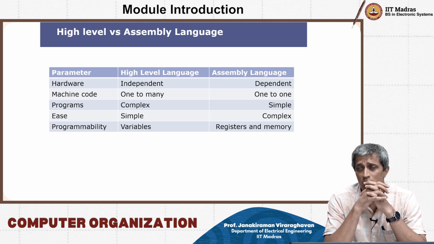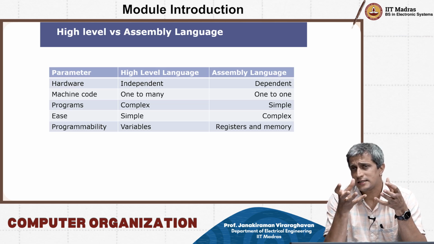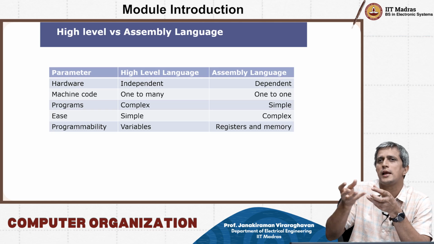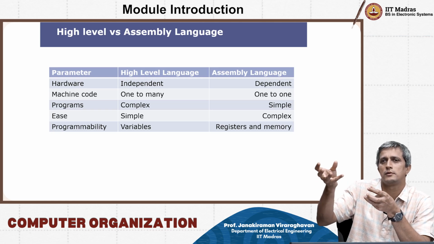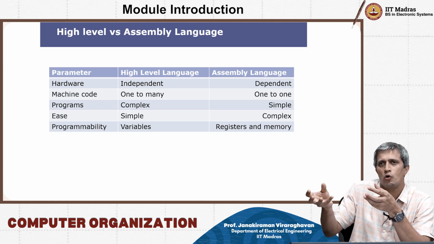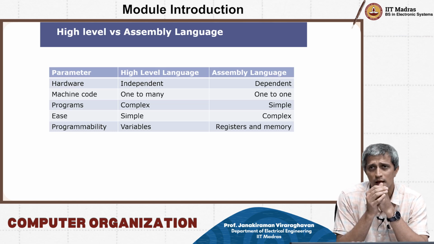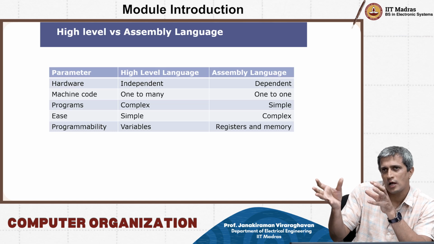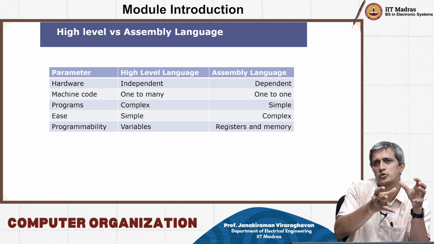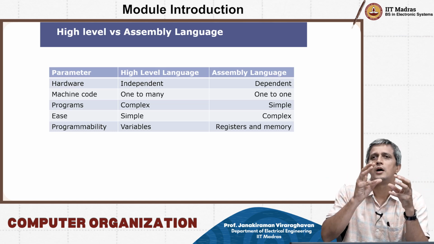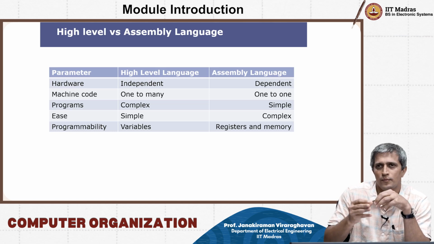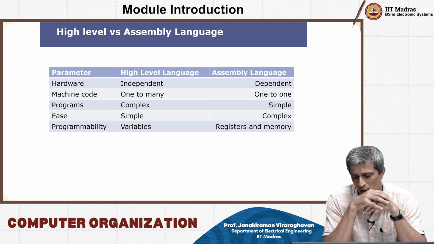Like I told you, it's actually some human readable machine code. The machine code is what the computer understands. It can decode it and do whatever instruction is needed. But that will also translate 1:1 to some sort of a human readable instruction. Assembly instruction is what we call it.